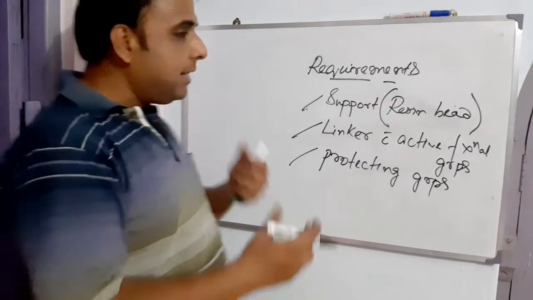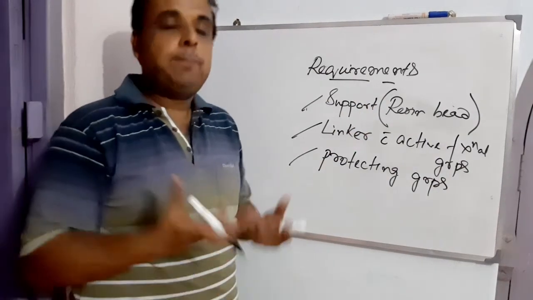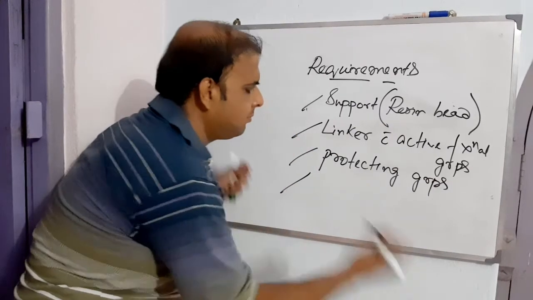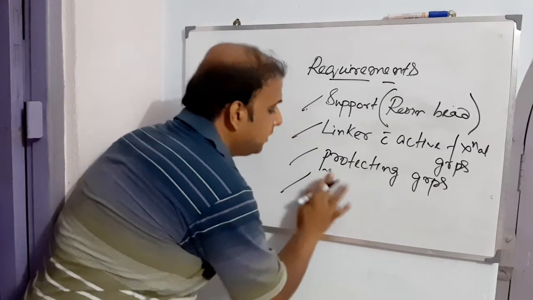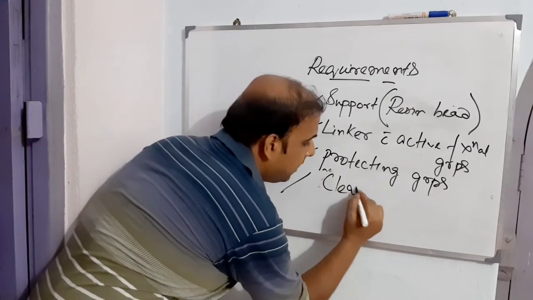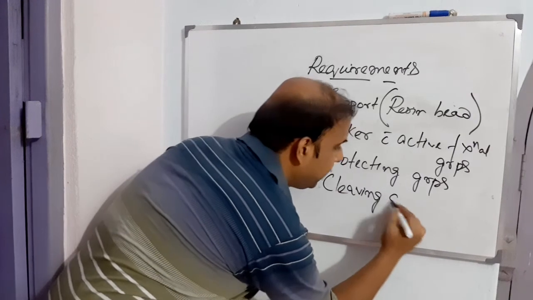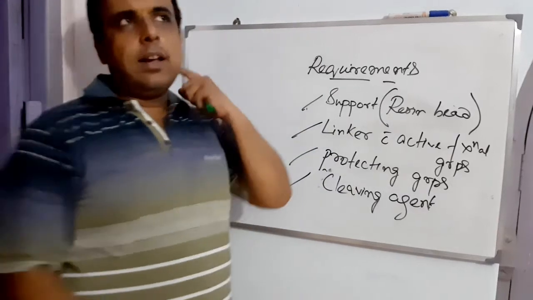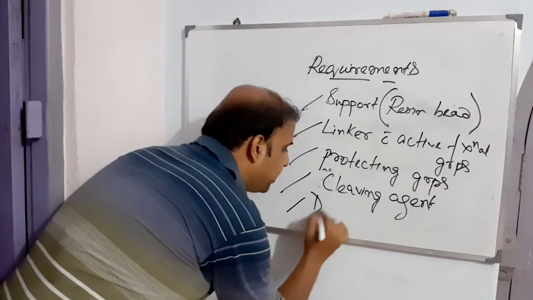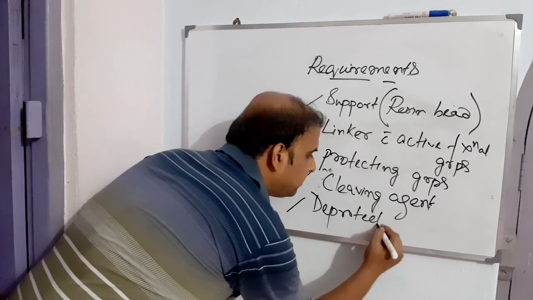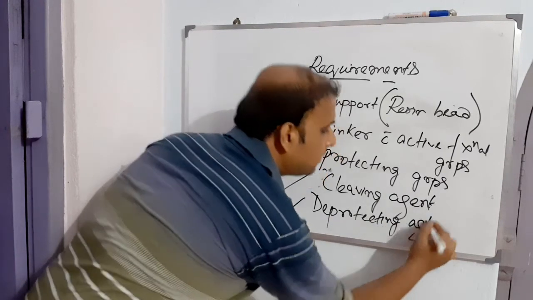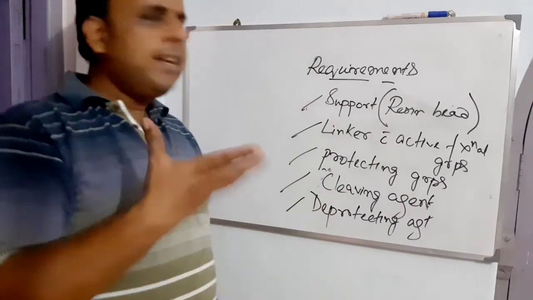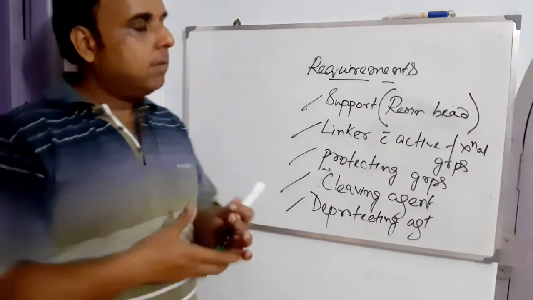The third one, a means to cleave the protecting groups, or rather a cleaving agent. And finally we need a deprotecting agent as well. So with that we are done with the essential requirements of solid phase synthesis.